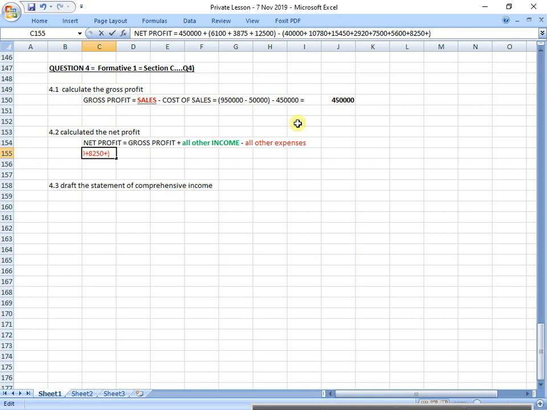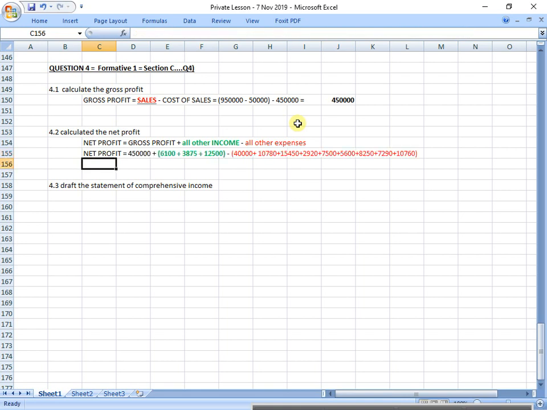What else? Telephone, 7,290. Interest from investments, no, that was income. Water and electricity, that's another expense, 10,760. Is that it? Yes.